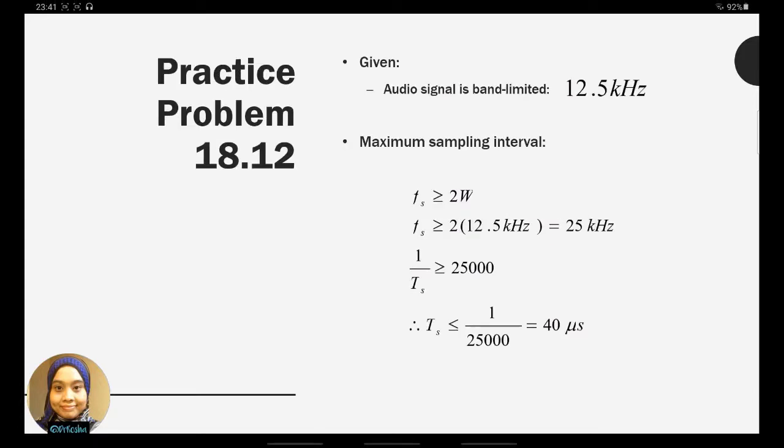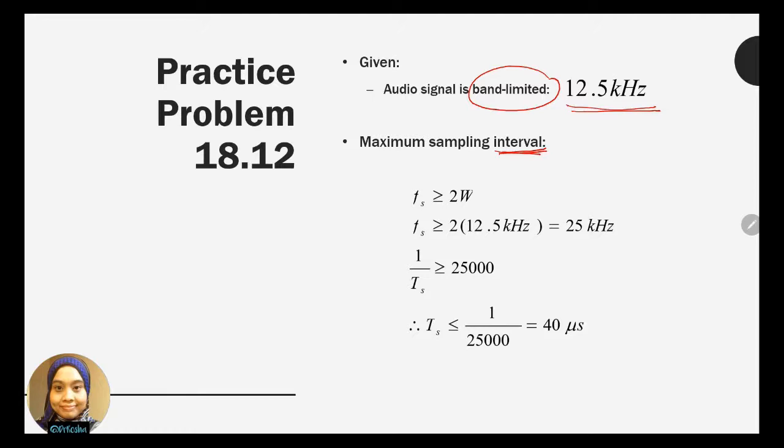For example, we have this question. Given an audio signal that is band limited to 12.5 kilohertz, find the maximum sampling interval. Make sure that you read it properly, the question wants the sampling interval.